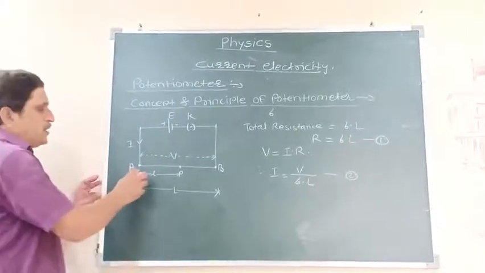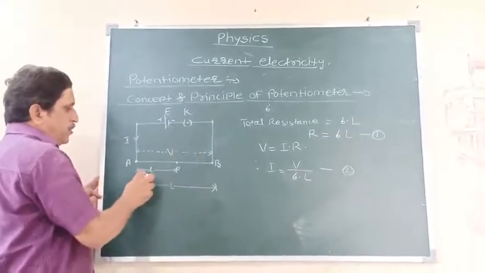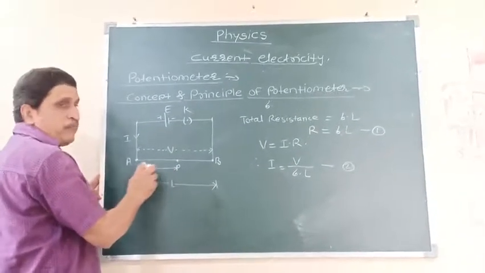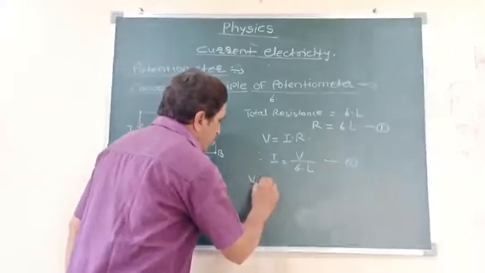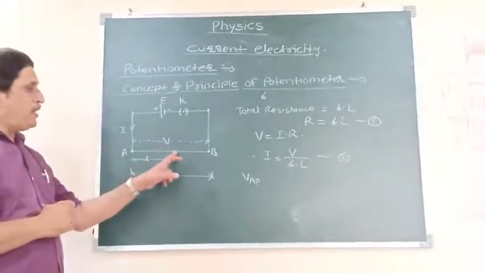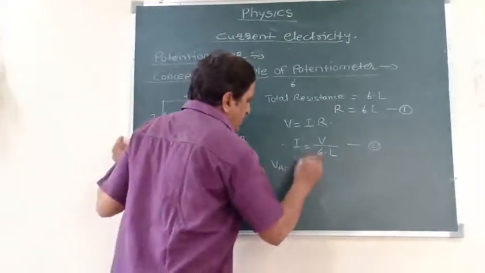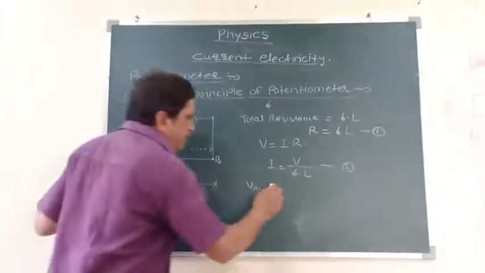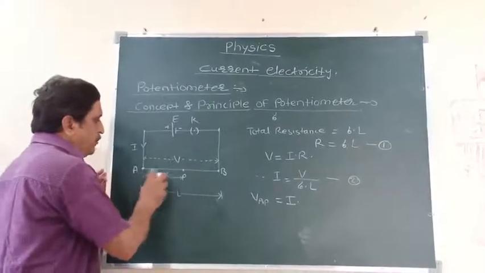Now let us consider one point P along the length of wire AB. Small l is the length of wire between point A and P. Let VAP be the potential difference between point A and point P of the wire. Then what can we write? VAP is nothing but the current flowing through the wire into the resistance of that wire between these 2 points.